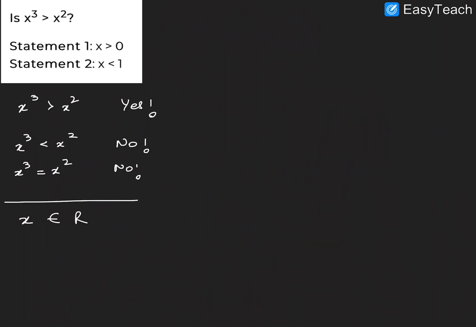Let's now delve into the question straight up. We'll take the first statement. Statement 1 states x is greater than 0. That means x is going to be a positive number for sure.